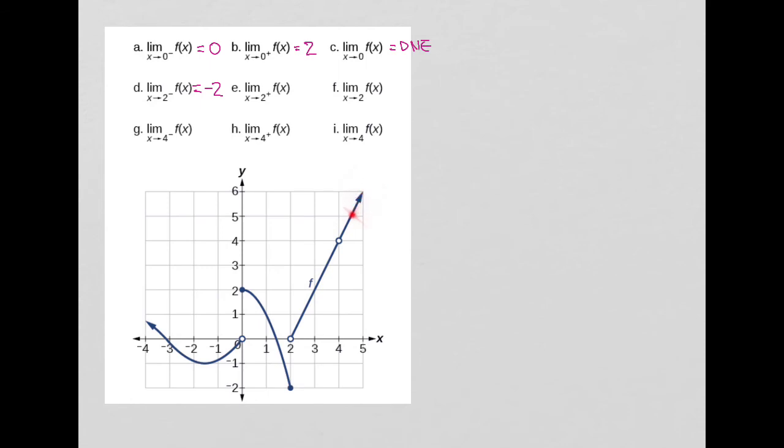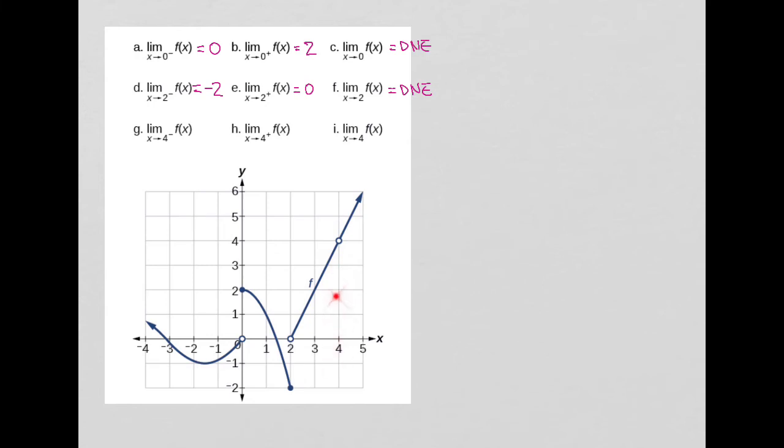As I get closer to x equals 2 from the right, my y value is getting closer and closer to 0. Since the left-hand side limit and right-hand side limit are not the same, we say the limit as x approaches 2 does not exist.